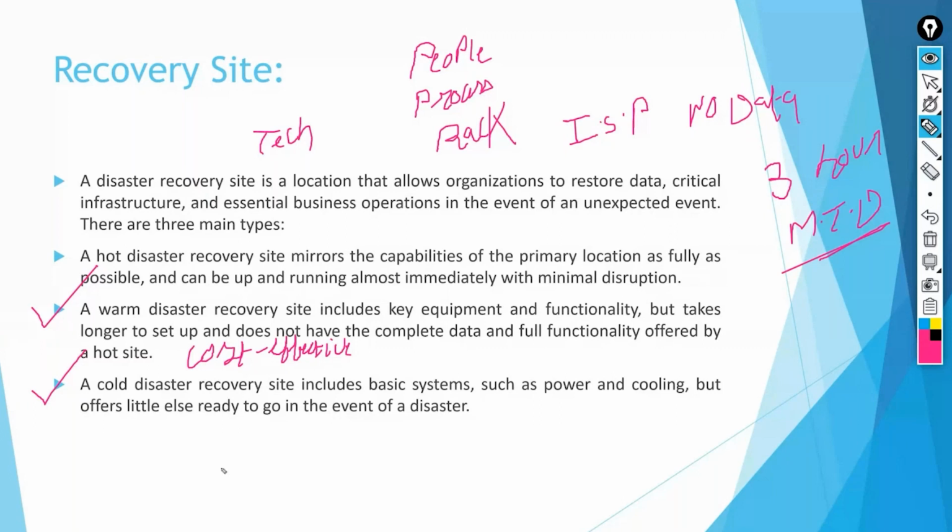One of the live examples of a cold site is this: some organizations go for a cold site where the organization already has an on-prem data center, and they also have an external hot site maintained in AWS.